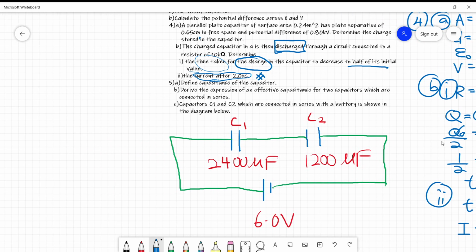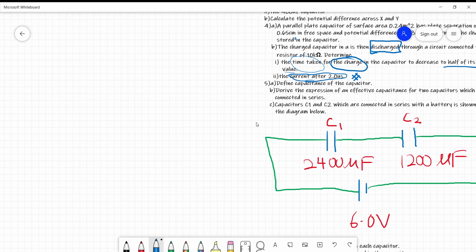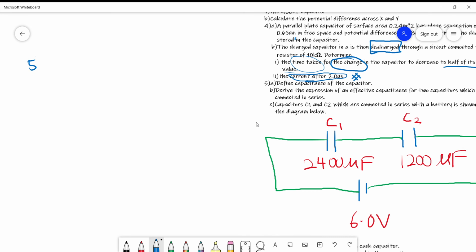So let's move on to the question number 5. Define the capacitance of the capacitor.